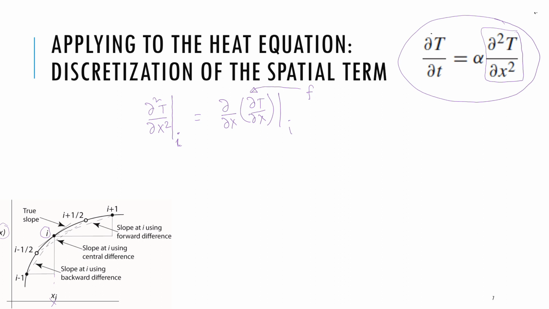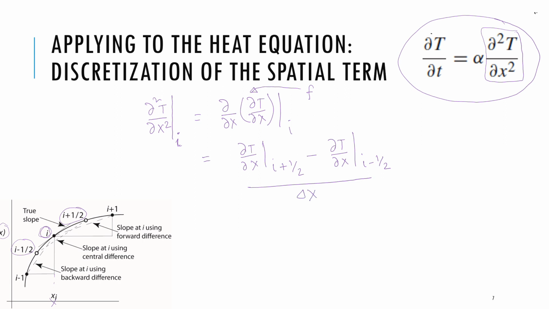And so we can write this using central difference. So the value here in terms of the values at these 2 points is equal to ∂T/∂x at i+1/2 minus ∂T/∂x at i−1/2 over Δx, right?